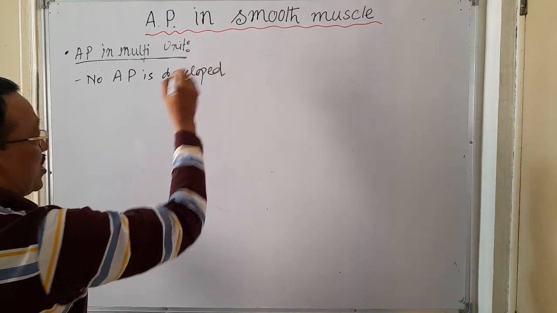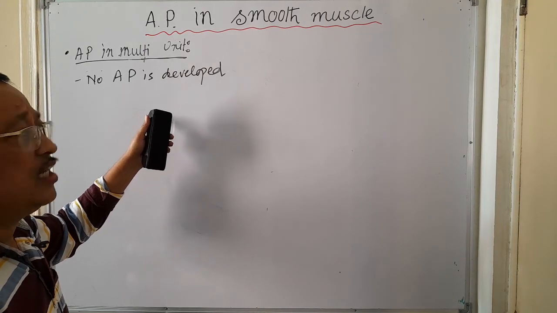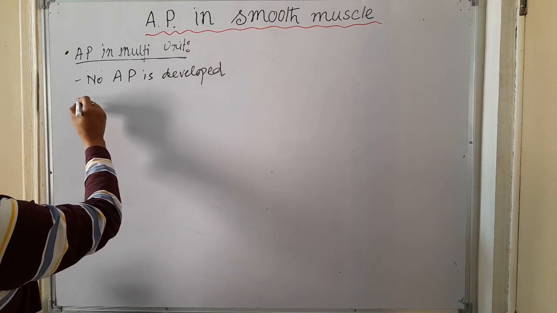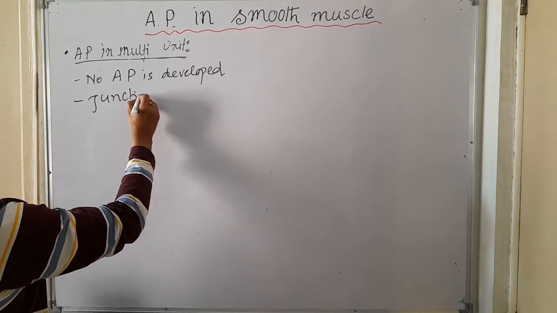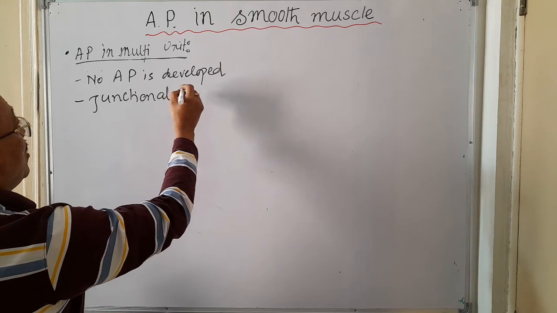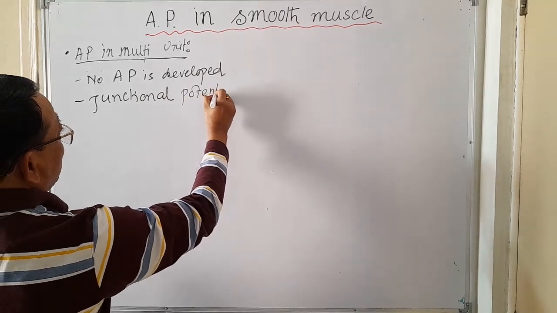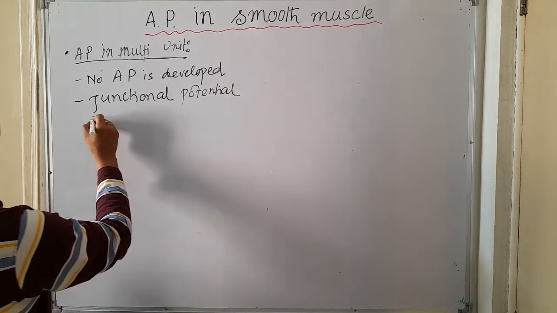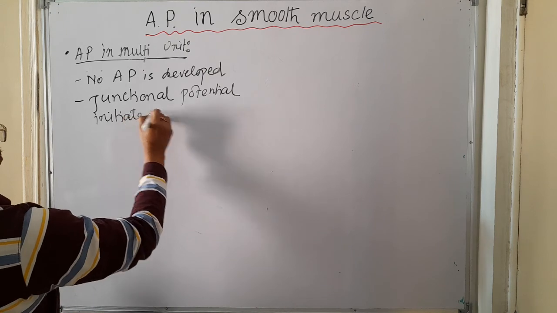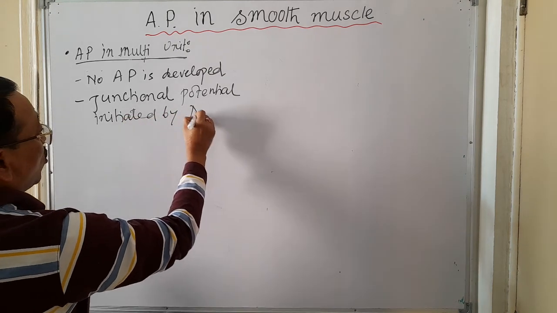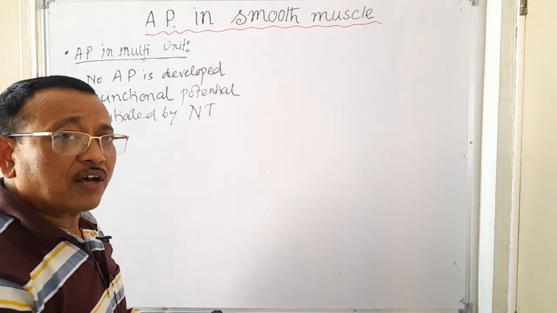Rather, the potential difference that is seen is known as the junctional potential. So the potential difference seen in multi-unit smooth muscle is known as the junctional potential, which is initiated by the neurotransmitter, that is from the nerve fiber.